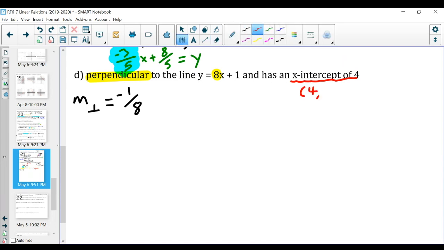So (4, 0) is the actual point we're going to use. If we plug that into our point-slope form, we'll have y minus 0 is equal to negative 1 over 8 times x minus 4. So this would be an equation of a line that's perpendicular to y is equal to 8x plus 1, and this new line has an x-intercept of 4.